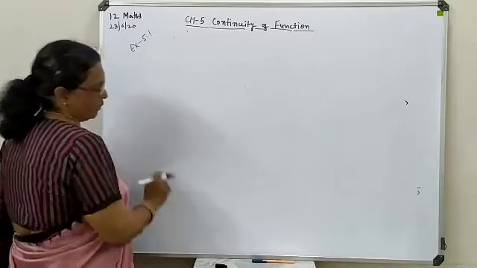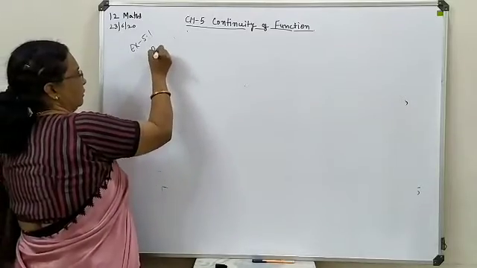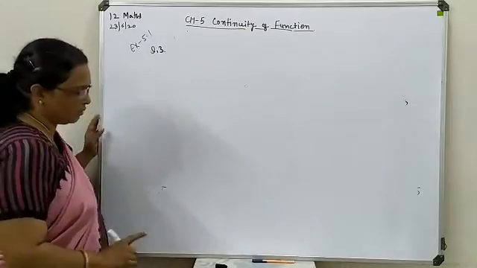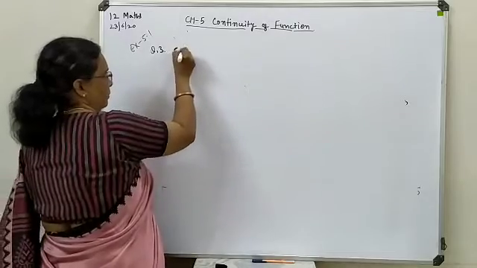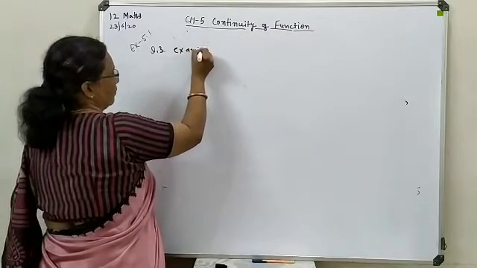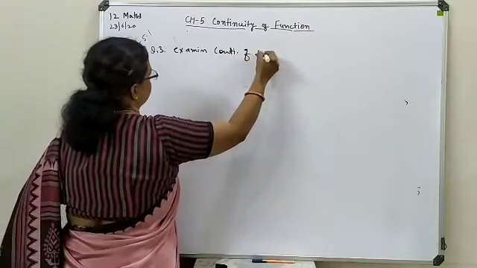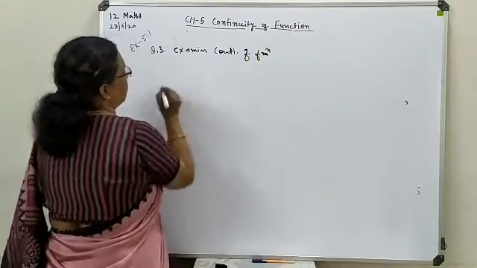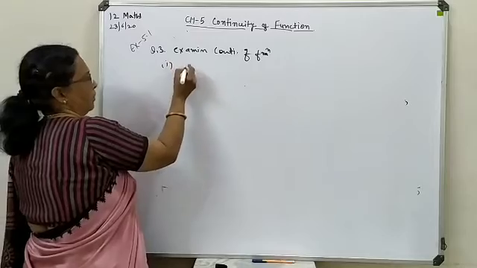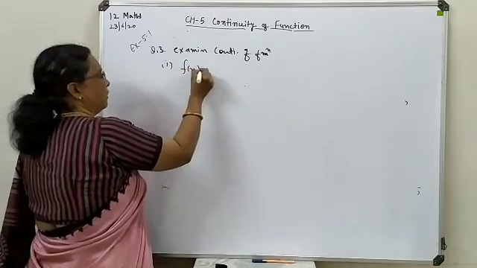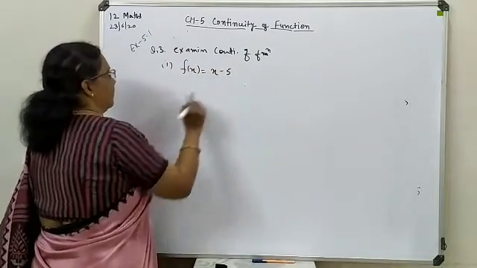The first part I am going to attend here in order to have a solution. Again you have to examine the continuity of the function with different combinations. So I am going to pick up the first one, that is x minus 5.